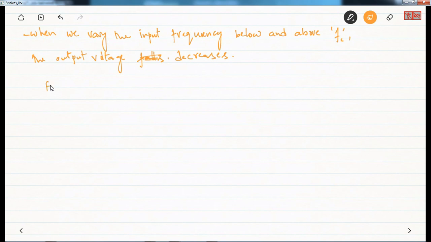Say, for example, at FC, output voltage is V naught for an input voltage of Vi.